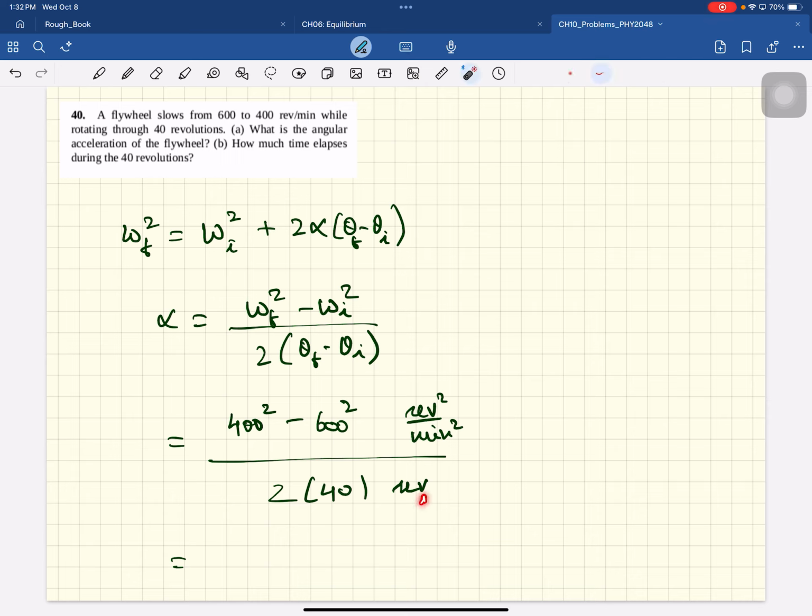So the units would be revolutions per minute squared. And so this works out to, so alpha is that.